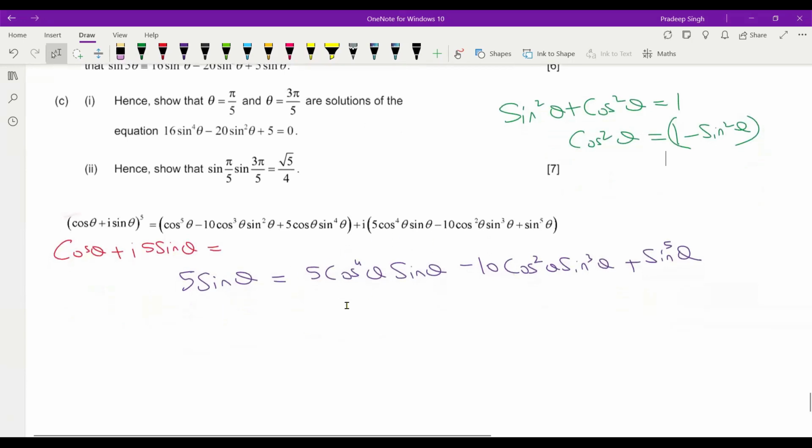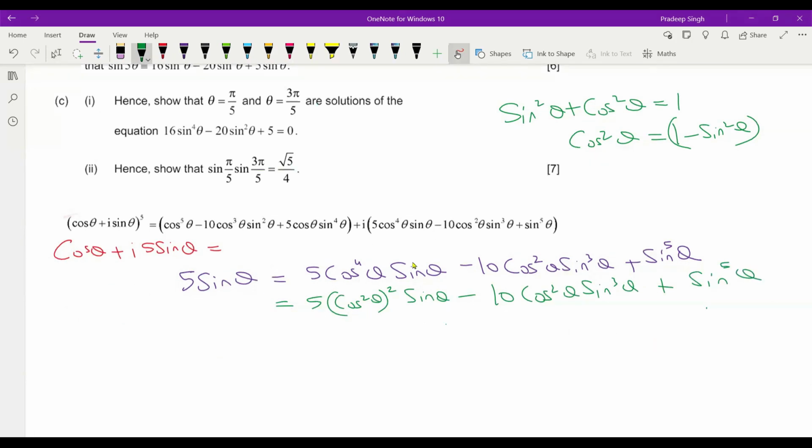Now let's use this to simplify our expression. In the first term, we have cos^4 theta. Cos^4 theta can be written as (cos^2 theta) squared, so we have 5 times (cos^2 theta)^2 sin theta minus 10 cos^2 theta sin^3 theta, and at the end we have sin^5 theta.